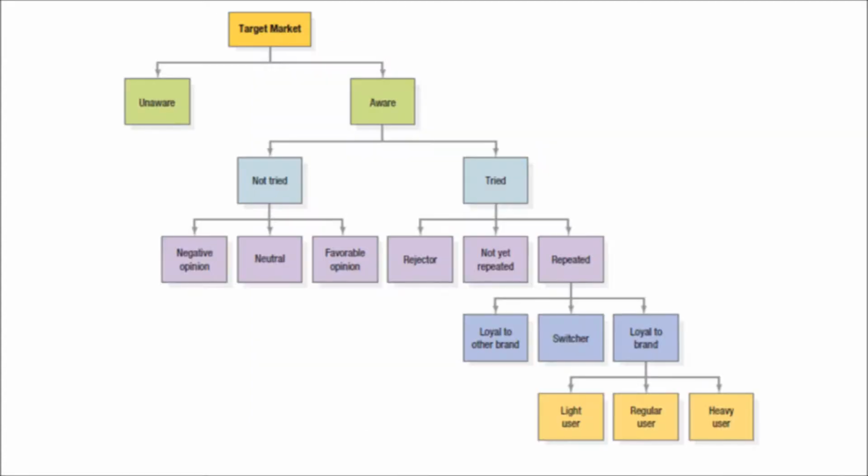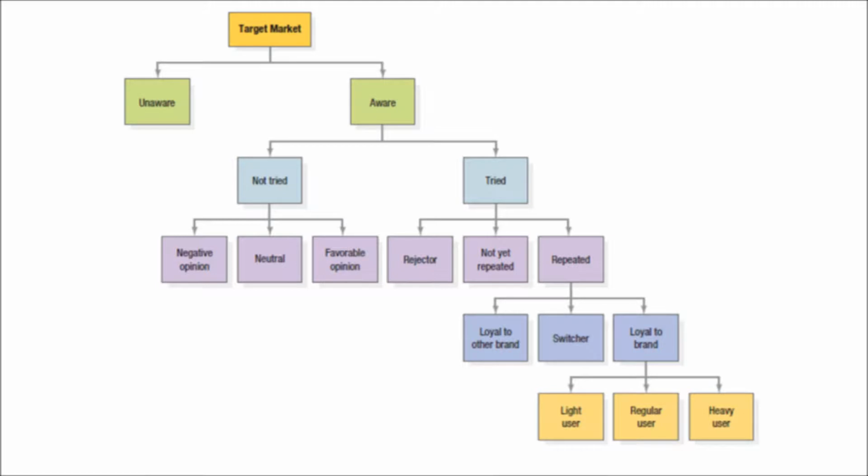So overall, once you know your target market, you have to figure out whether or not they know your product. If they are aware of your product, then you have to communicate to them what your value proposition is. If they know you, then you have to figure out whether or not they've tried your product. If not, then why? And if they haven't tried your product, is it because they have a negative opinion of you?